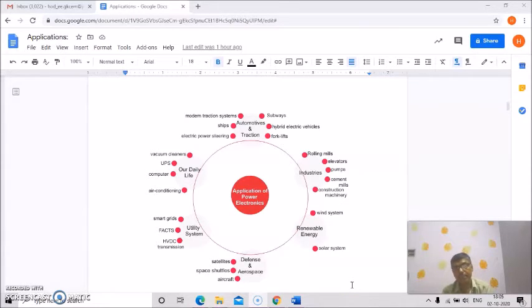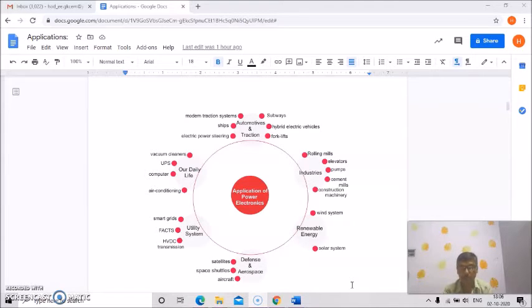In the renewable energy field, we are using power electronics in wind systems and solar systems, and in our daily life, in vacuum cleaners, UPS, computers, air conditioning, etc. In utility systems, we are using power electronics in smart grids, FACTS, HVDC transmission, and in defense and aerospace, particularly satellites, space shuttles, aircraft, etc.